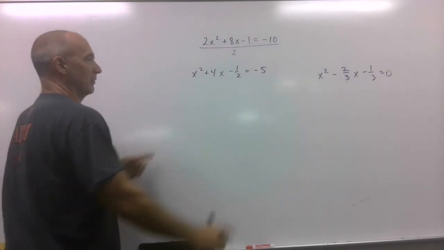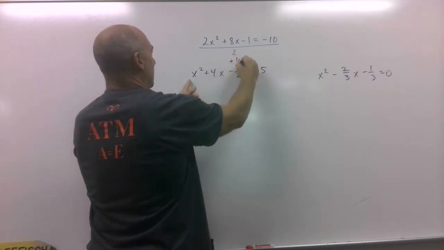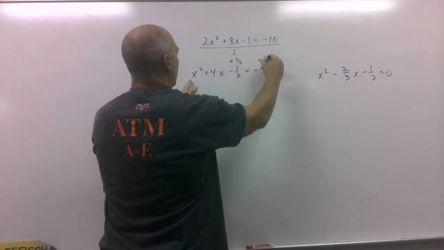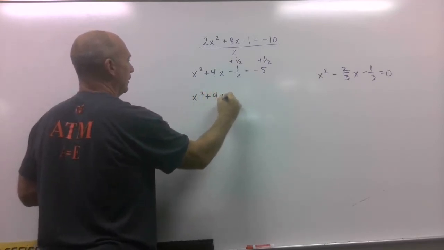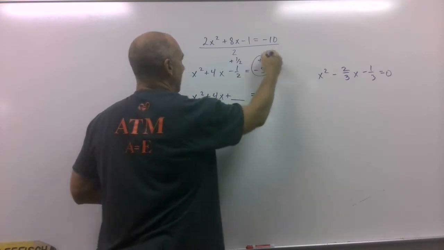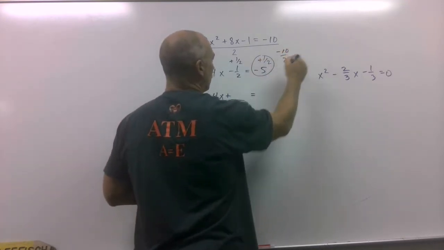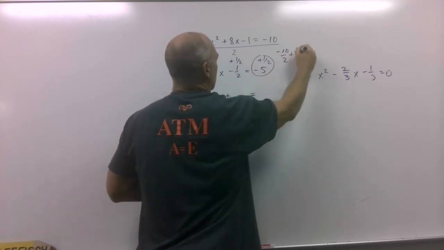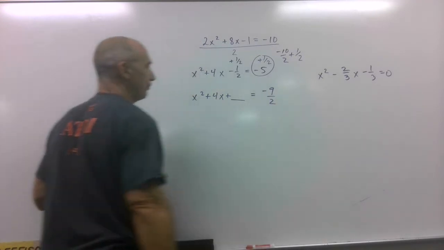You go, whoa, that's definitely not a perfect square trinomial. So I'm going to add that yucky half over there, add it over here, and I'm going to get x² + 4x, here we go, plus space, equals, now we got to add these together and end up with a fraction. So that's -10 over 2, that's what -5 is, plus a half. So I get -9/2.